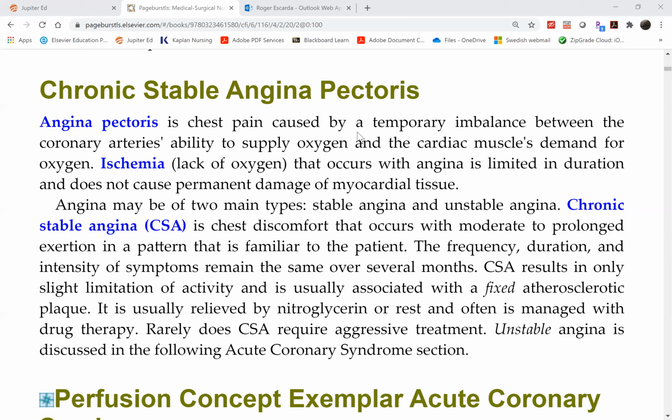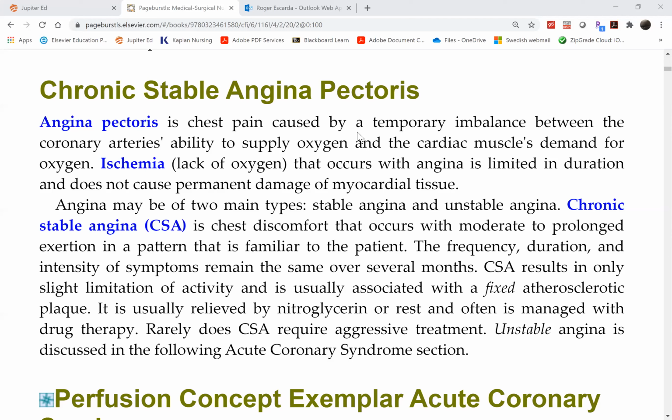It's during these episodes that the patient's heart, or particularly the affected coronary artery, is unable to supply that increased demand. So this leads to pain, which is ischemia.